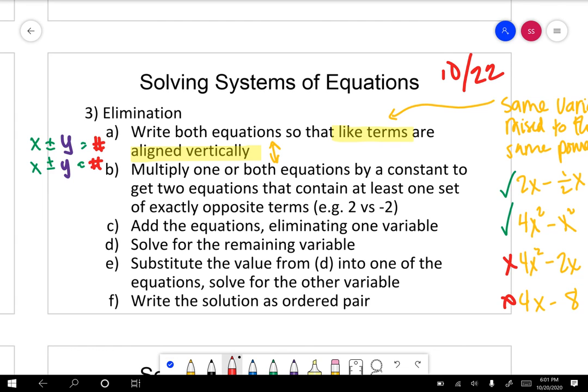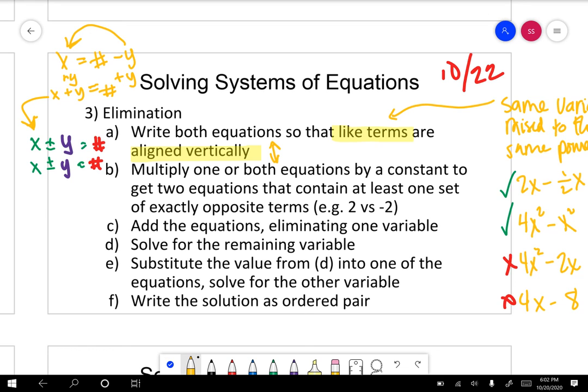If your equation does not have the x and y on the same side as the x and y in the other equation, you're going to have to move things around. So if we had something like x equals some number minus y, you're going to have to move y to this side. Since it's negative, we would add it. And that way our y and x are aligned with the y and x in our other equation. Okay, so that's what we mean by like terms and aligning them vertically.